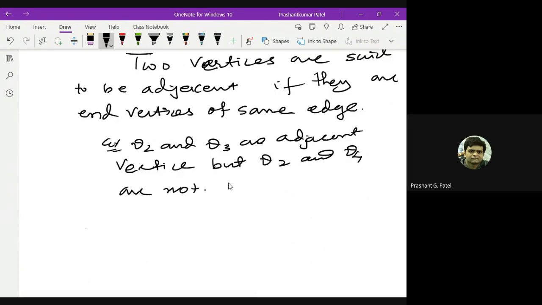Now the next definition is the degree. Using adjacent and incident, we are able to define a degree.